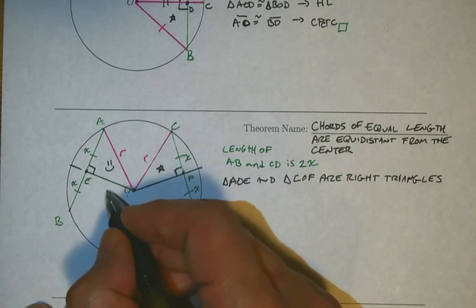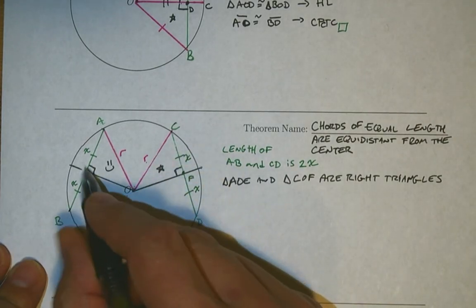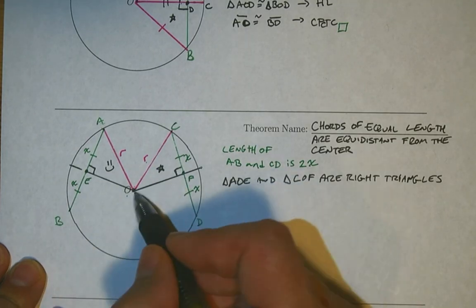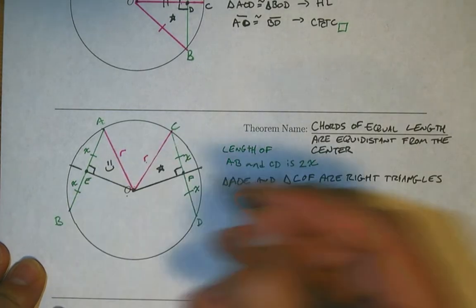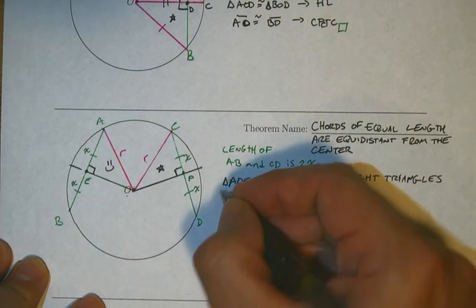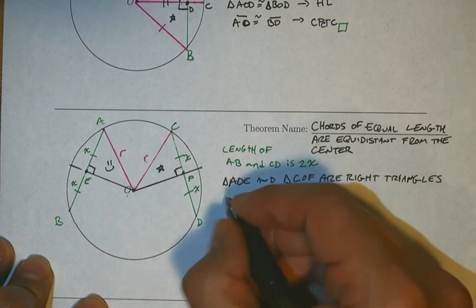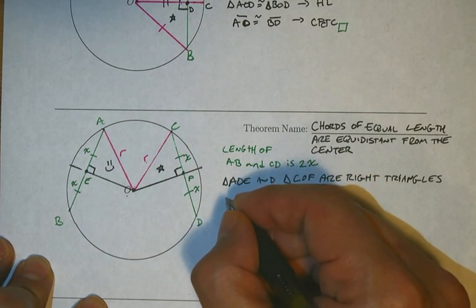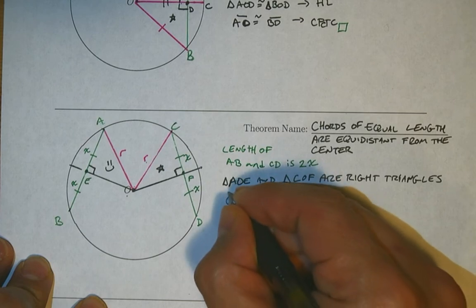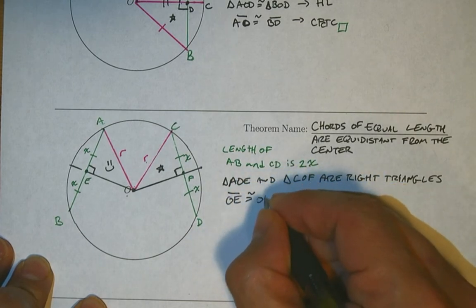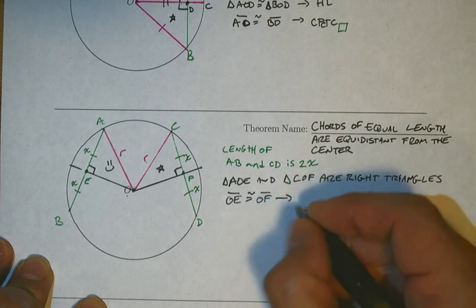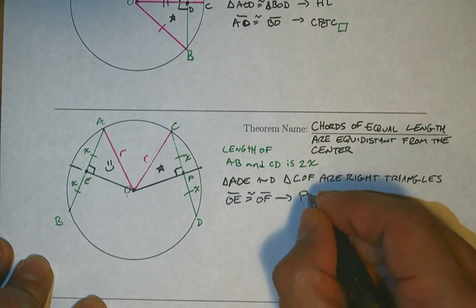So that must mean that this missing leg OE and this missing leg OF, they both have to be the same for the Pythagorean theorem to work. So that's what we're going to say. We're going to say that OE has to be the same as OF, and that's because of the Pythagorean theorem.